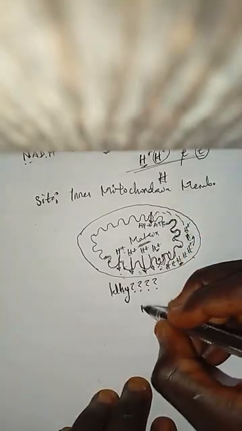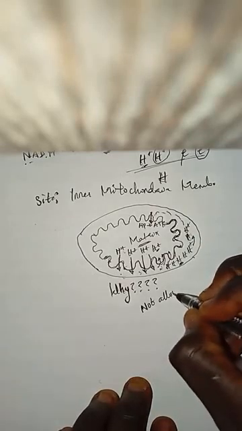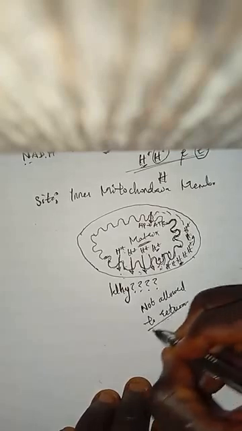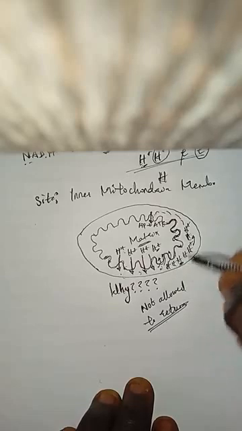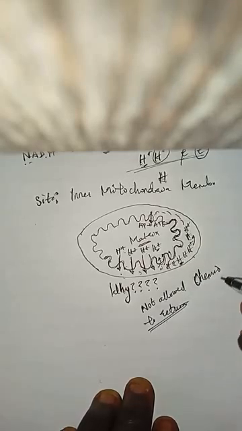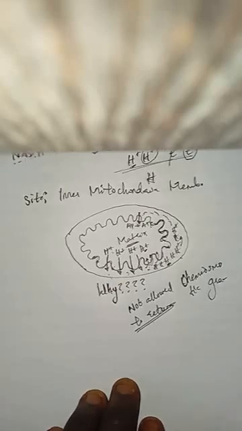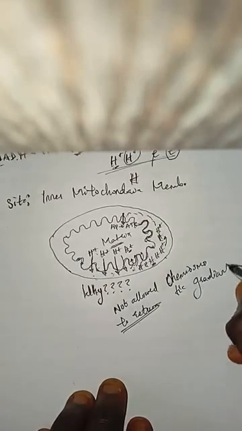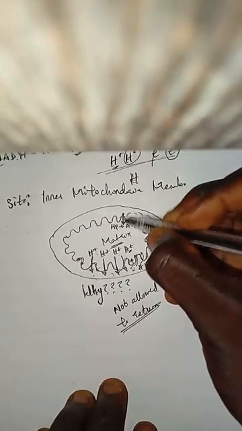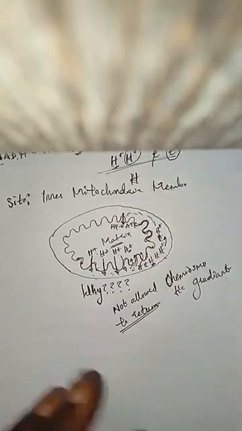They are not allowed to return through the same process. Rather, you will create a gradient called the chemiosmotic gradient. So you create a chemiosmotic gradient. The protons will only pass through one pore, which is complex 5. Do you get it to that point now?